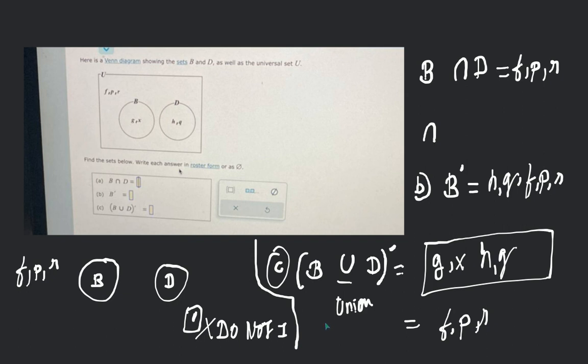Do you have any questions? Yes, I have a question about the A part. Okay. In the A part of the question, there's an intersection. Let me write that. This symbol is called intersection.